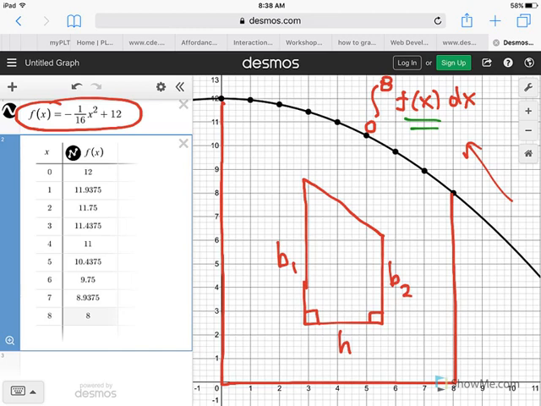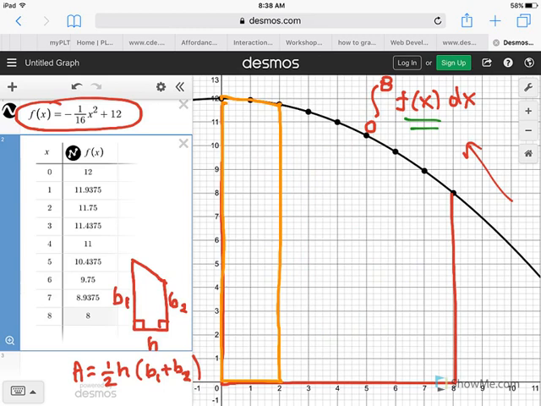And we know the area for a trapezoid is given by this formula, 1/2 times the height times the sum of the lengths of the 2 bases. That is the formula for the area of a trapezoid. It is, again, 1/2 times the height times the sum of the lengths of the 2 bases. So keep that in mind as I draw my trapezoids to fill the region whose area we want to find.